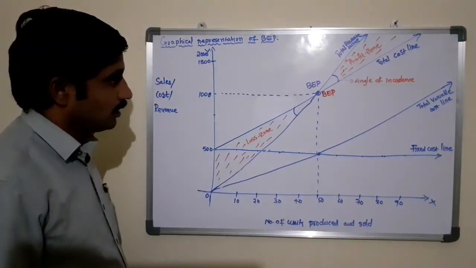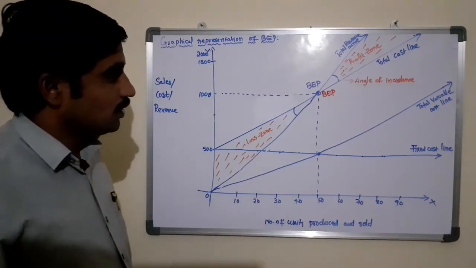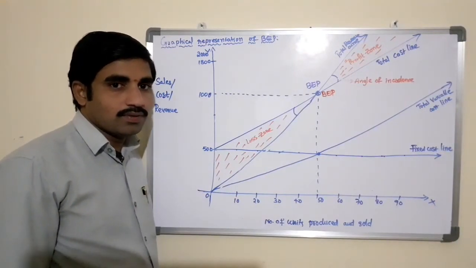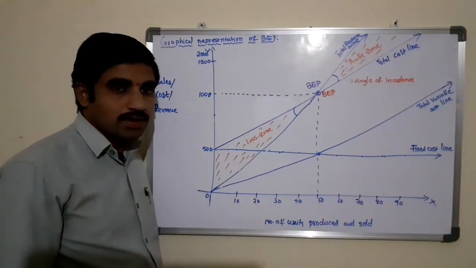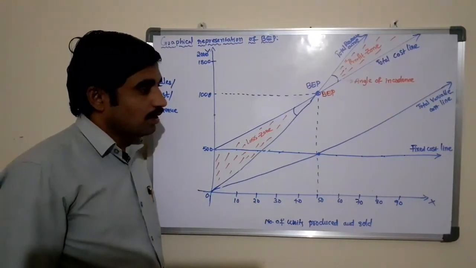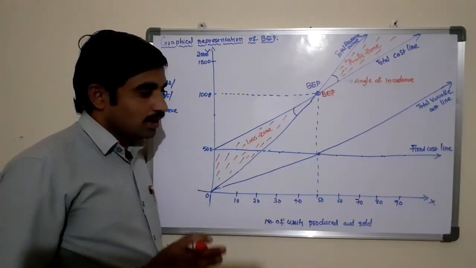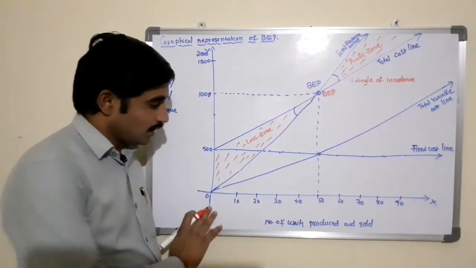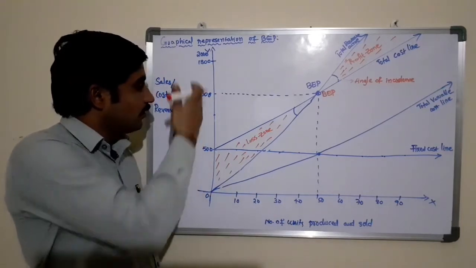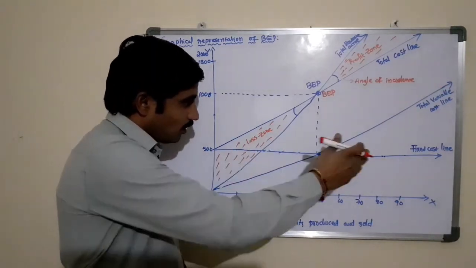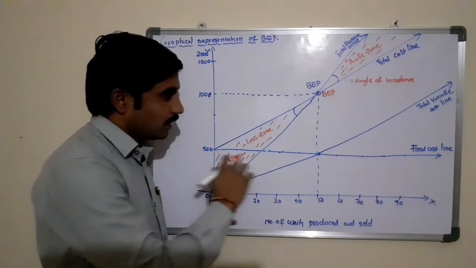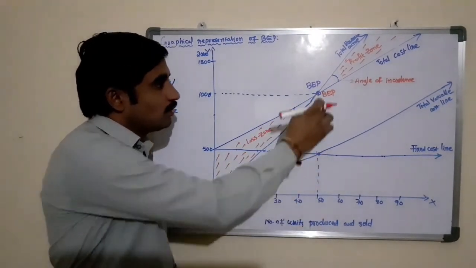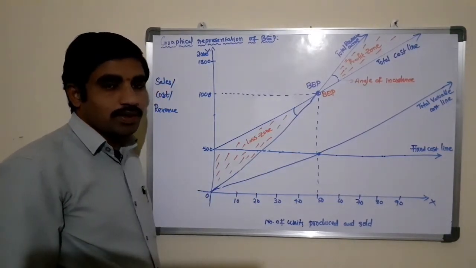So this is the process of constructing the break-even chart, also known as the graphical representation of the break-even point. We just need to take the data which we have discussed in the break-even point schedule, take the scale on the x-axis and y-axis, and draw the lines for the fixed cost, variable cost, total cost and total revenue in order to ascertain the break-even point.